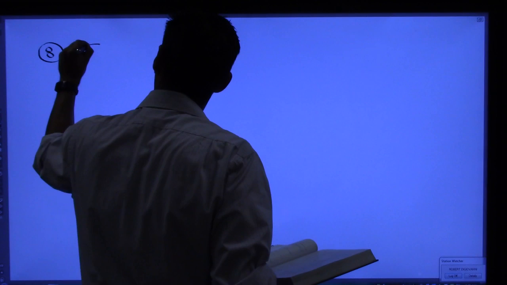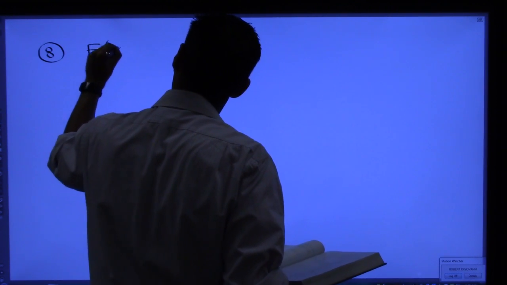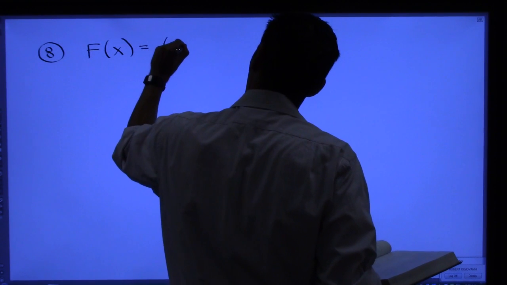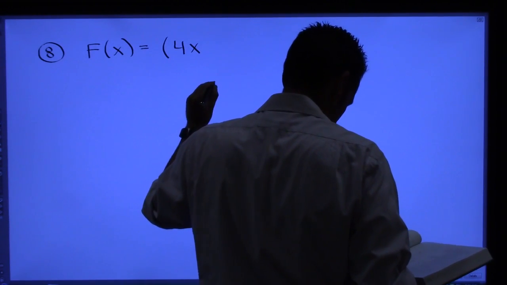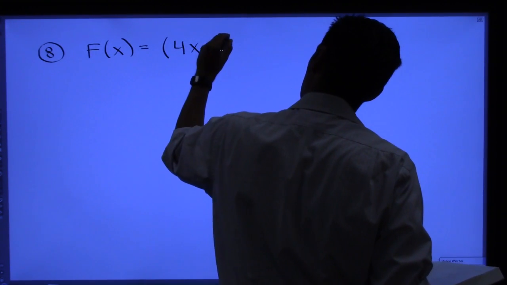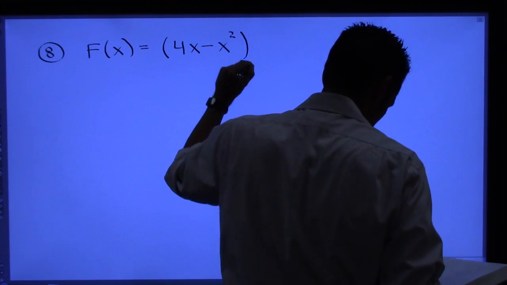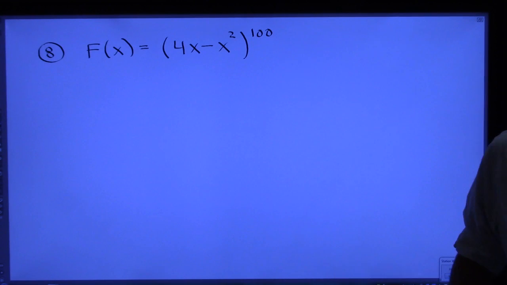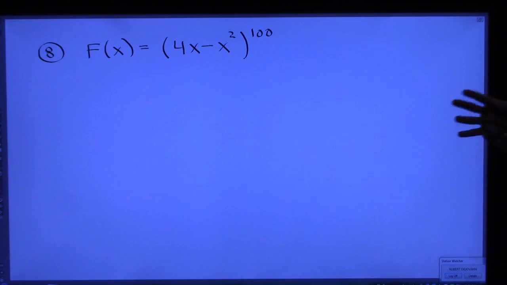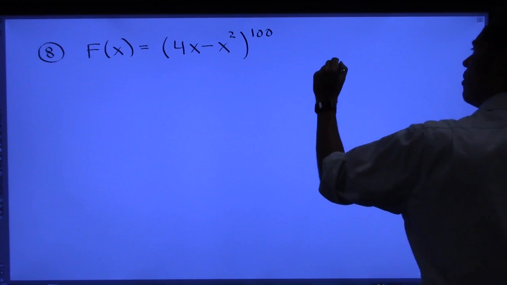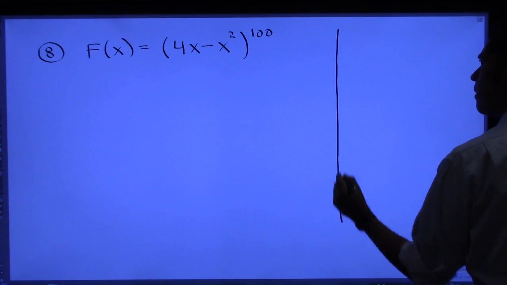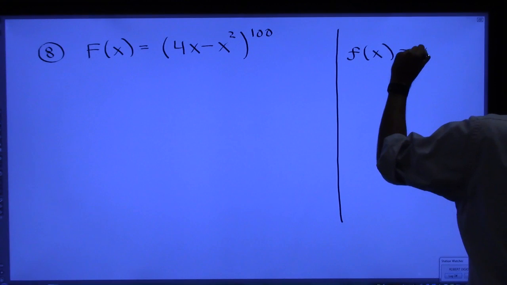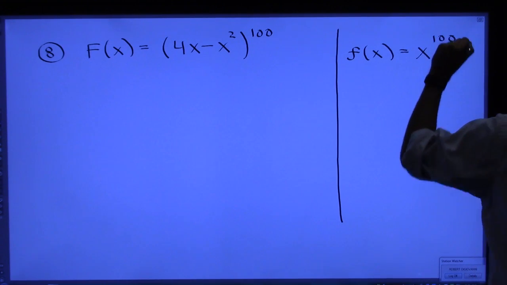Another one, capital F of x equals 4x minus x squared, raised to the 100th power. All right, so we have an inner and an outer function. The outer function is f of x equals x to the 100th power.